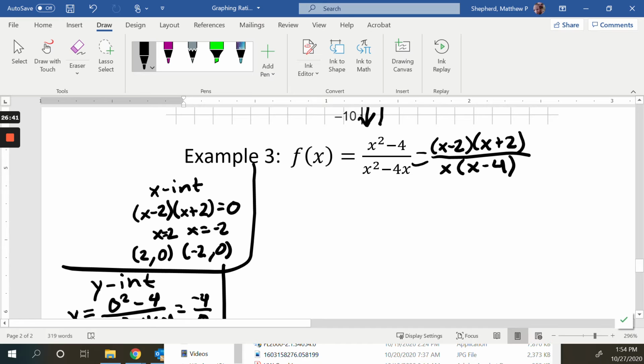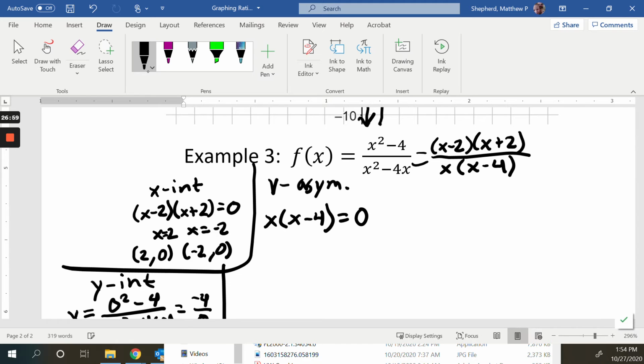Okay, next we want to find our vertical asymptotes. Vertical asymptotes are going to be found where the denominator is 0. So when x times x minus 4 is equal to 0. So for this, what makes it 0? Well, when x is 0, and when x is equal to a positive 4.